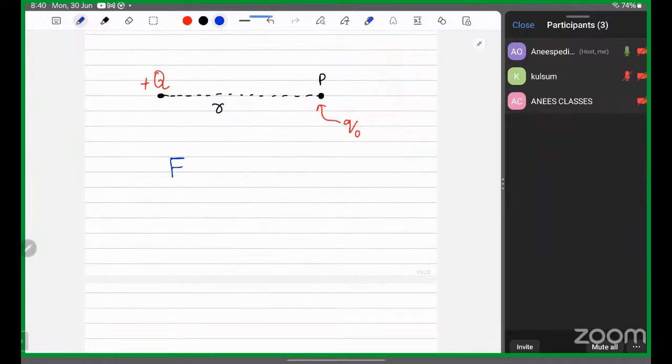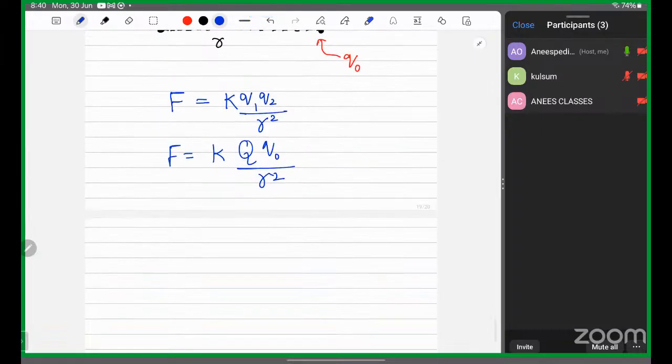So force F between plus Q and Q naught will be given by K Q1 Q2 by R square. Are you familiar with the formula? This formula is known as Coulomb's law. Now what is the value of Q1? Q1 is my source charge, capital Q. What is the value of Q2? Q2 is my test charge, Q naught, divided by R square. Okay, this is the value of F, the force between them.